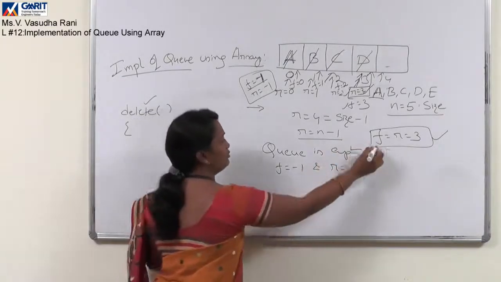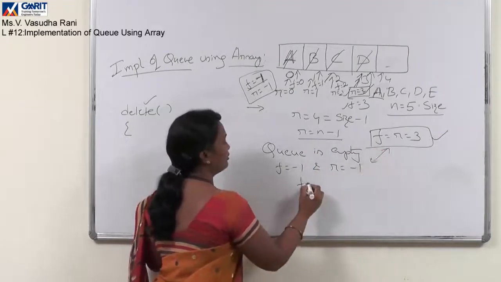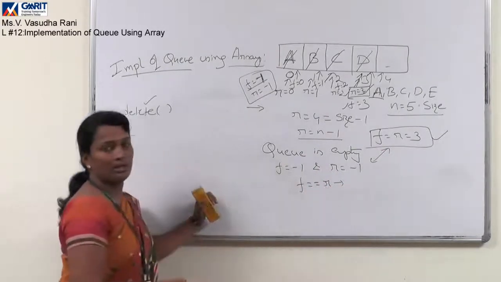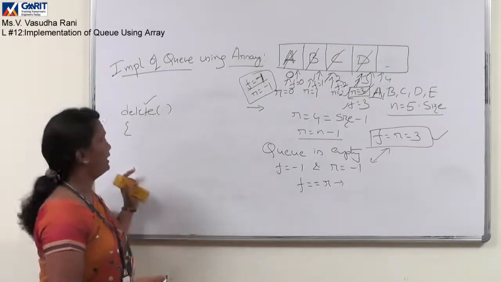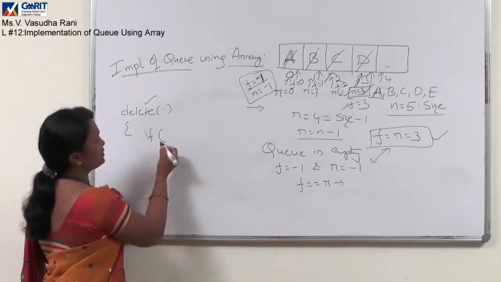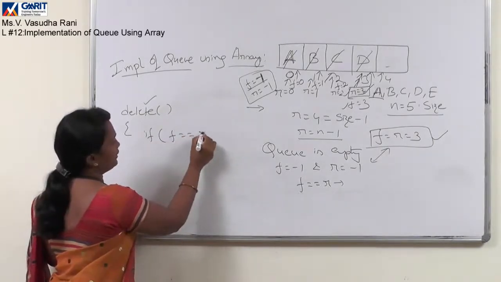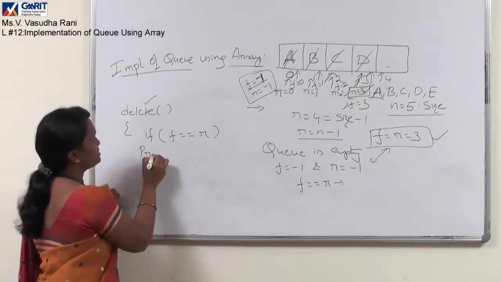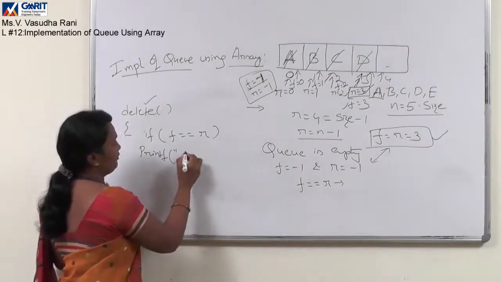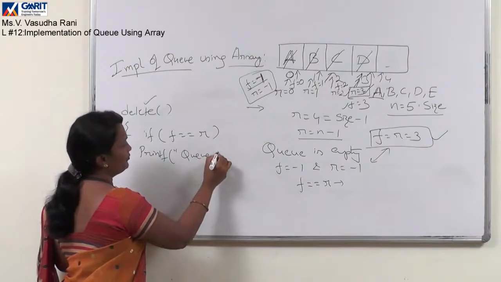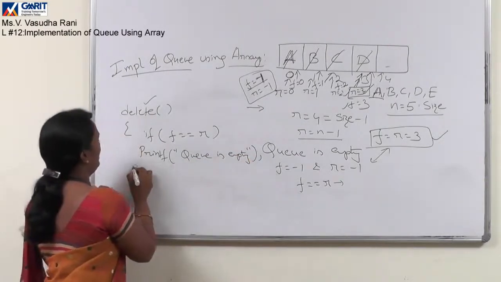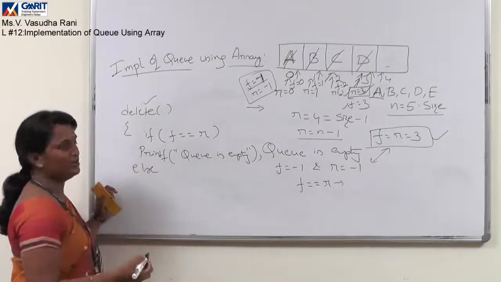So from these two things we can conclude that front equal to rear is the condition for queue empty. So we have to check that before we perform the delete operation. If front equal to rear, then we can simply display a message that queue is empty, else we can perform the deletion.